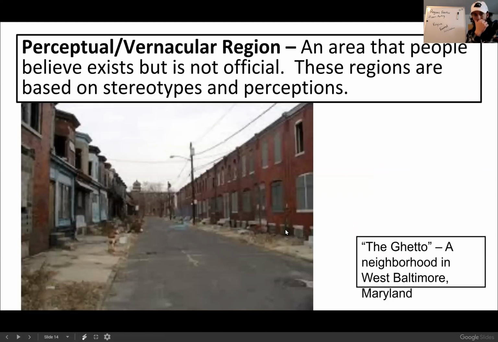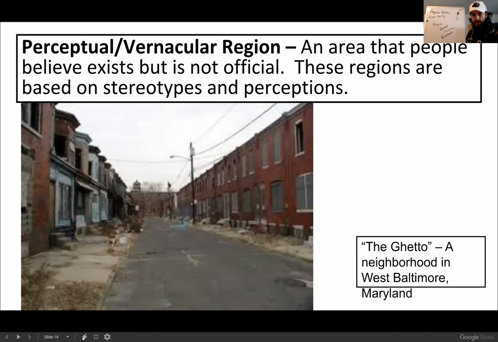So, perceptual or vernacular region. Perceptual is an area that people believe exists, but is not official. A great example of this is ghettos. Ghettos are places that have certain perceptions about that area. This is a ghetto in West Baltimore.